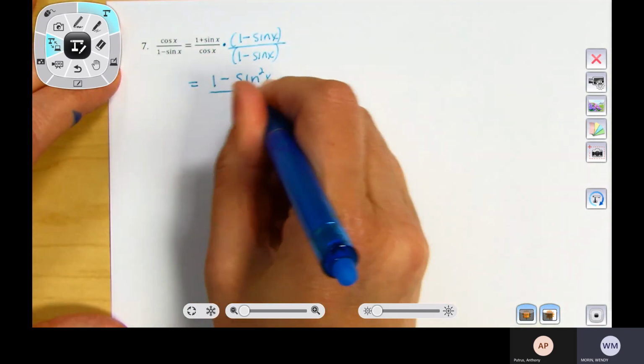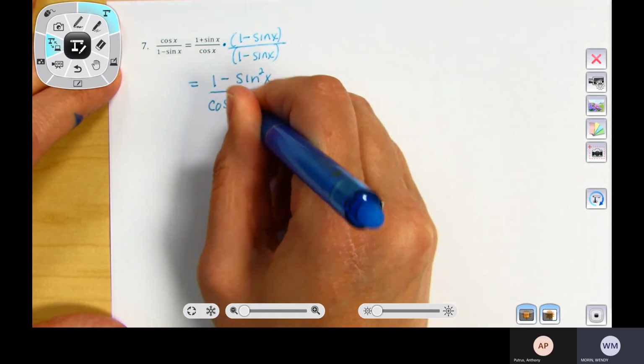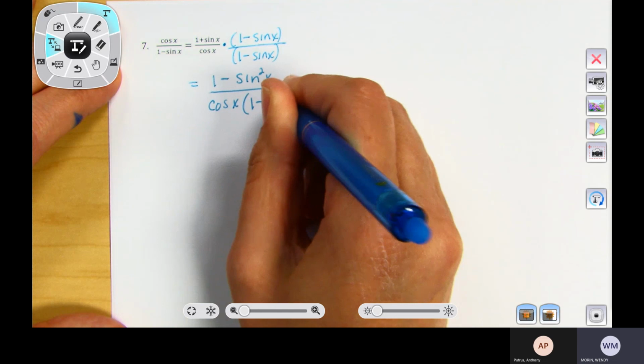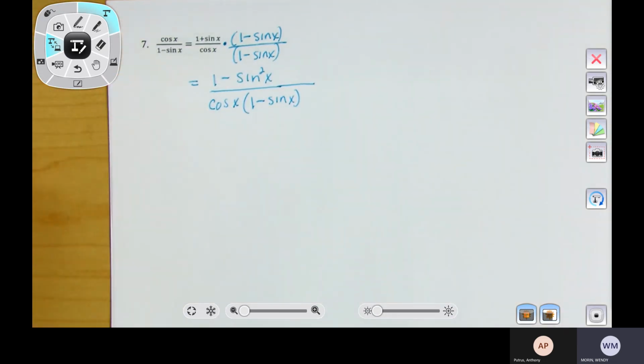So now the denominator, and if you recall, I said this the other day, do not distribute in your denominator because many times one of your factors in the denominator will cancel out. So don't multiply the denominators together because you might have to factor them later on. So we're going to hold off on the denominator.